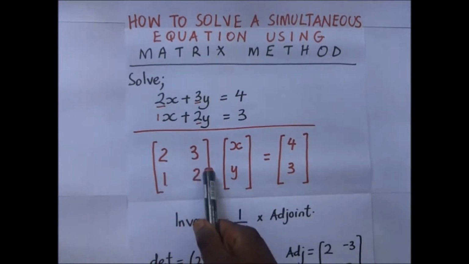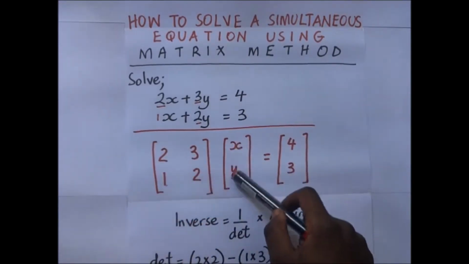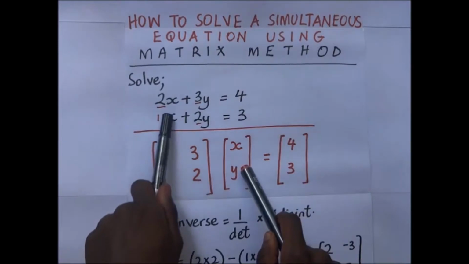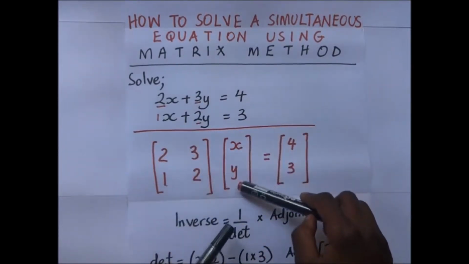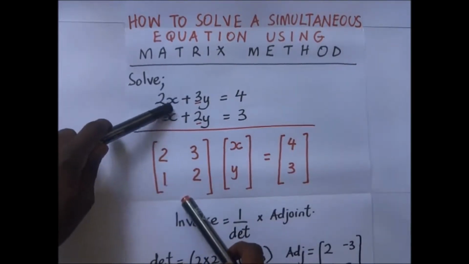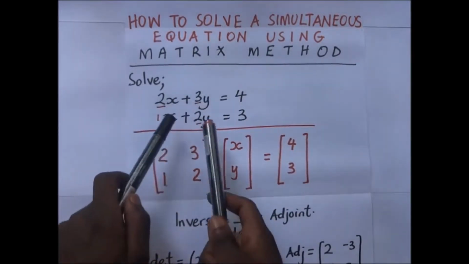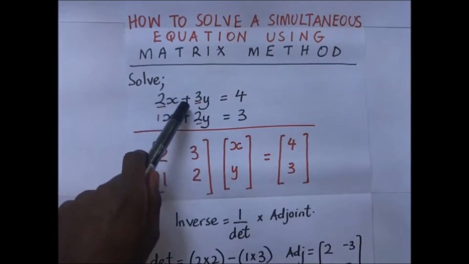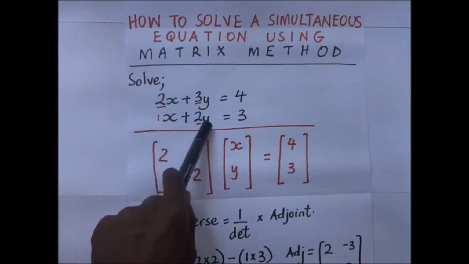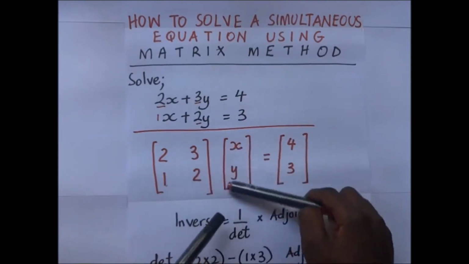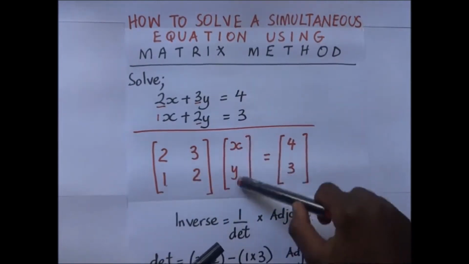We multiply this matrix by the unknowns. The unknowns in this case are x and y. We follow that order, x and y, because the first term here is x and the next is y. If it was the reverse, if it was 2y plus 3x, or y plus 2x, then the order of our unknowns would be y and x.